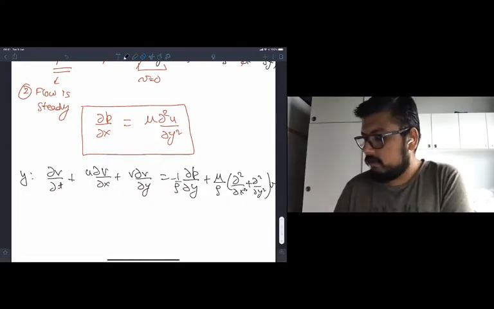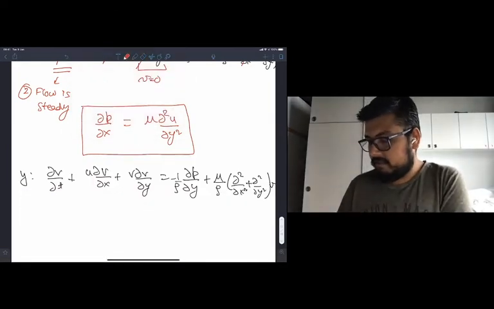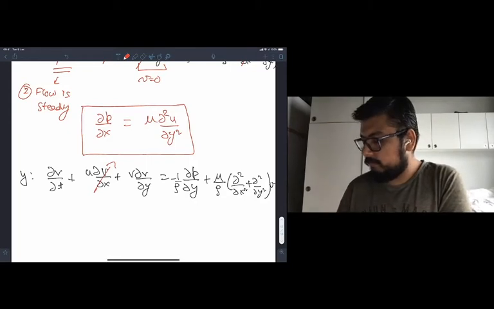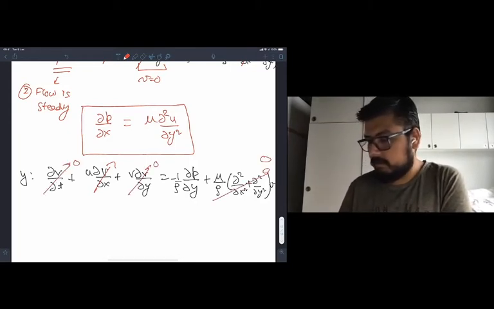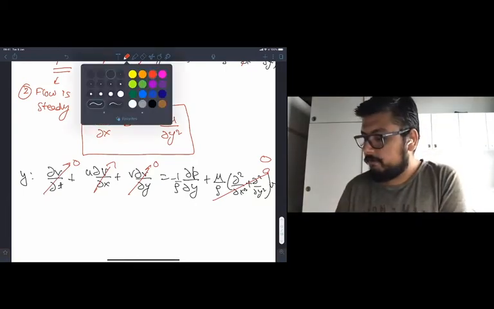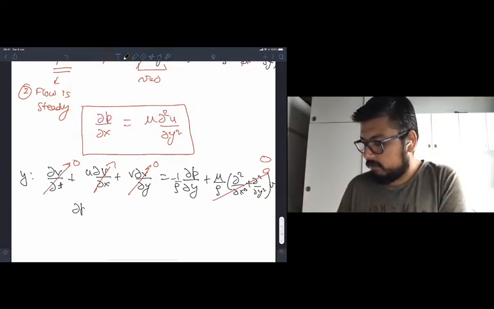Sorry about that. And again, with invariance in x, this one is 0. V is also 0, so we can quickly just cancel all the terms out, which gives me the equation that del p by del y is 0.